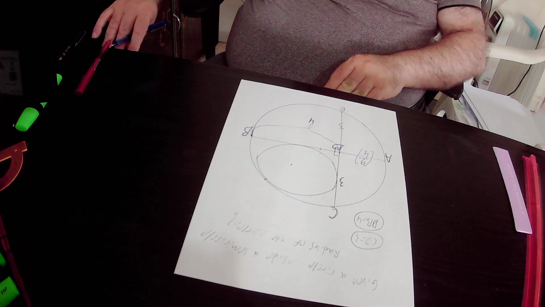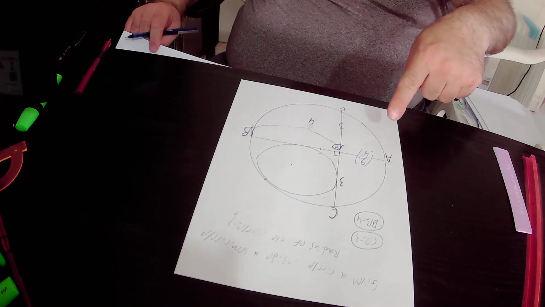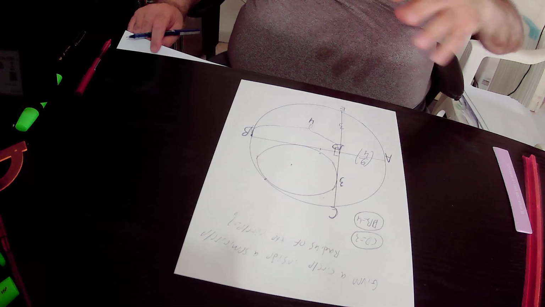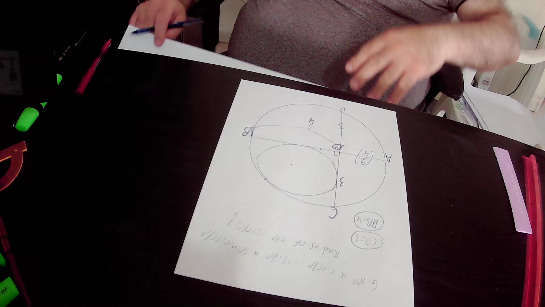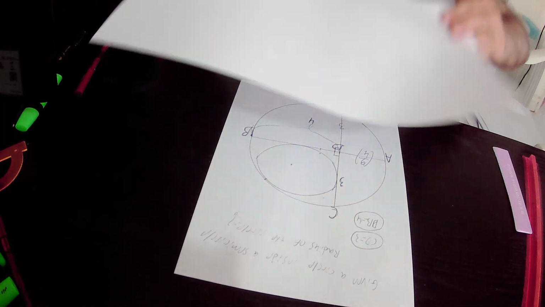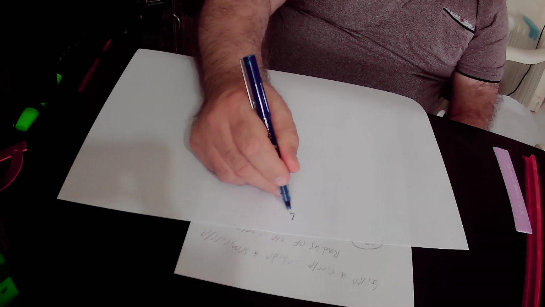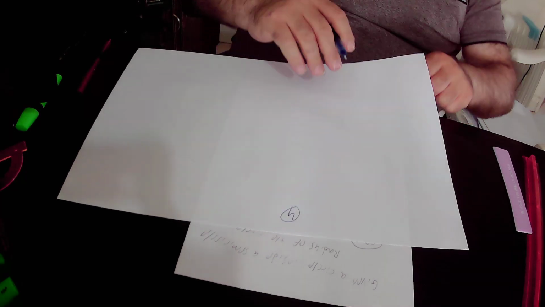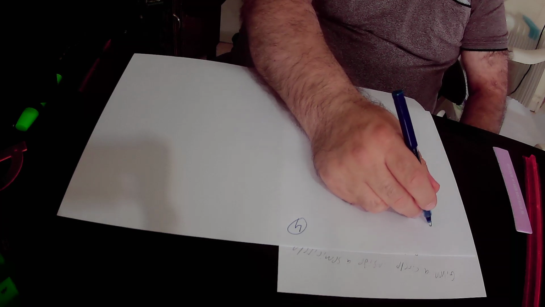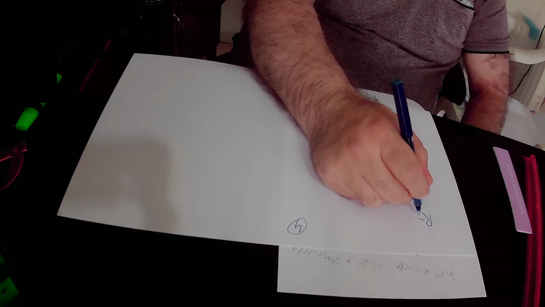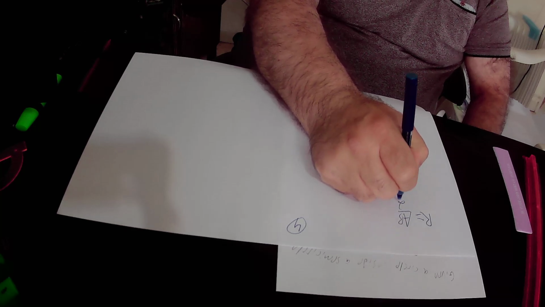So if we divide the diameter AB by 2, we get the radius. So we will define the radius of this big circle as capital R. This is also the radius of the semicircles. And capital R is equal to the diameter AB over 2.